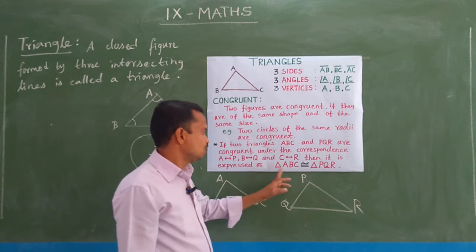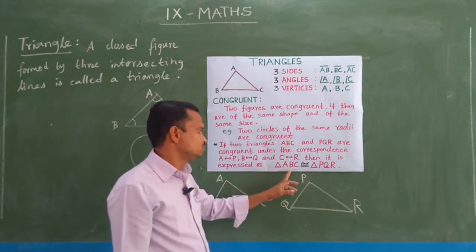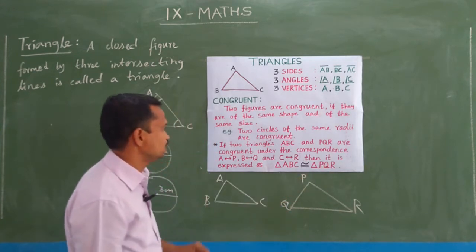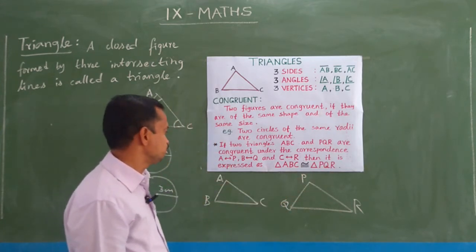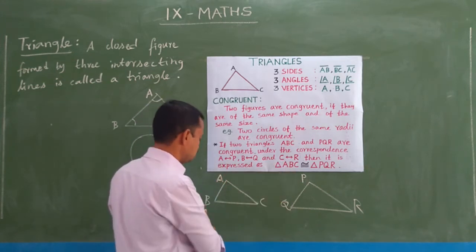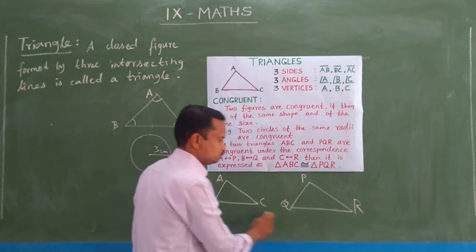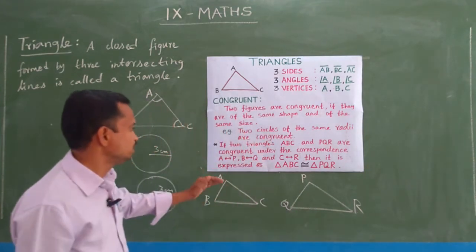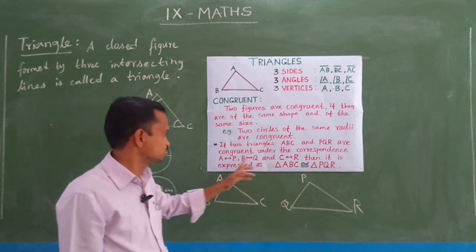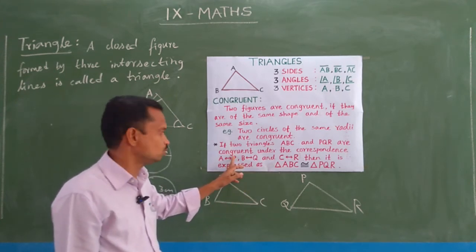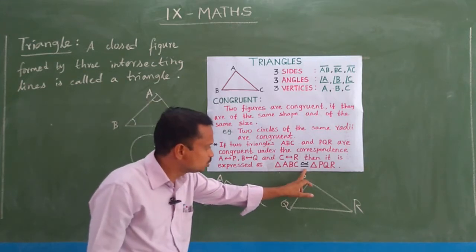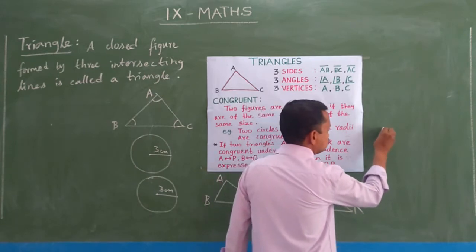Now we can say triangle ABC is congruent to triangle PQR. Correspondence means vertex A corresponds with P, B with Q, and C with R. Then symbolically we can express that the two triangles are congruent: triangle ABC, then this symbol, like that we have to put.